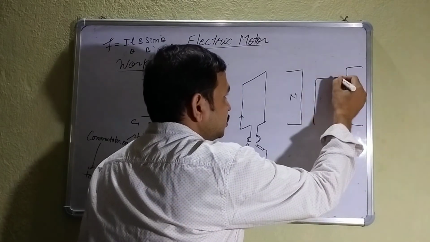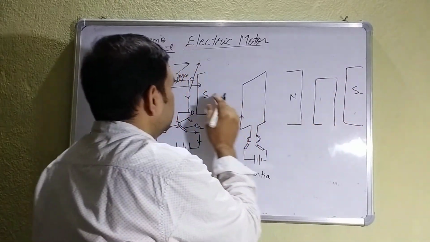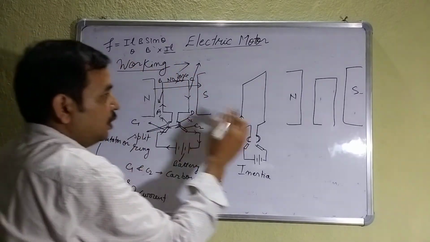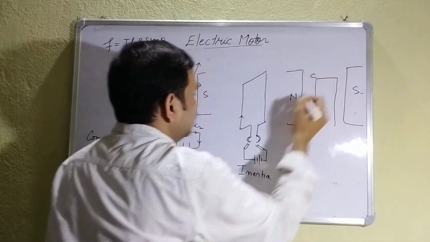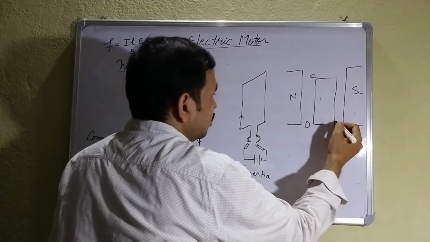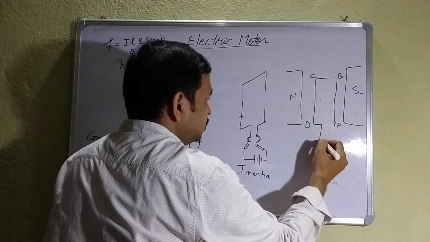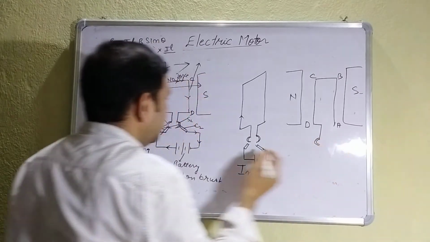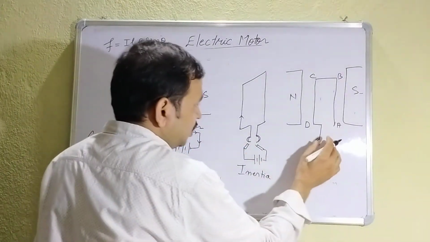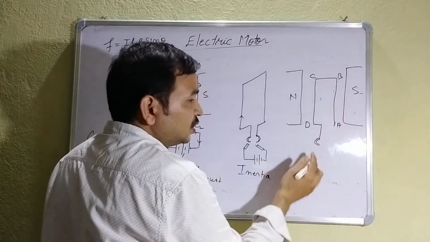After half rotation, this DC will come here, and this AB will move here, and this DC was connected with the split ring S2. This split ring moves with this arm.